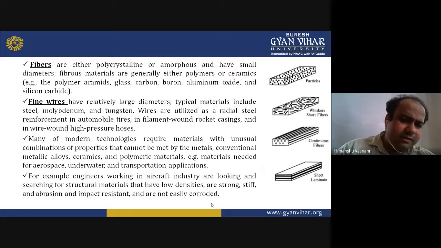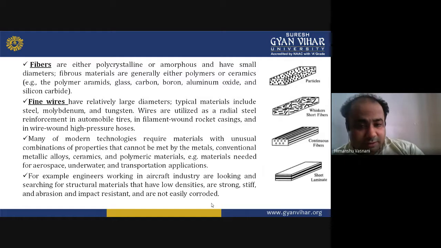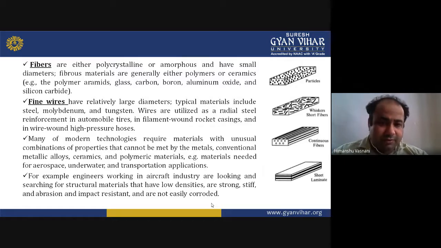For example, materials needed for aerospace, underwater and transportation applications. Engineers working in the aircraft industries are looking for structural materials that have low densities, that are strong, stiff, abrasion and impact resistant, and that are not easily corroded.